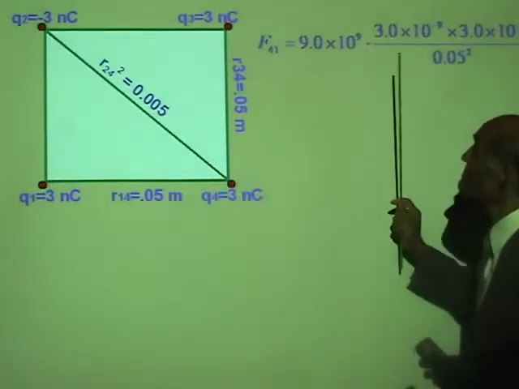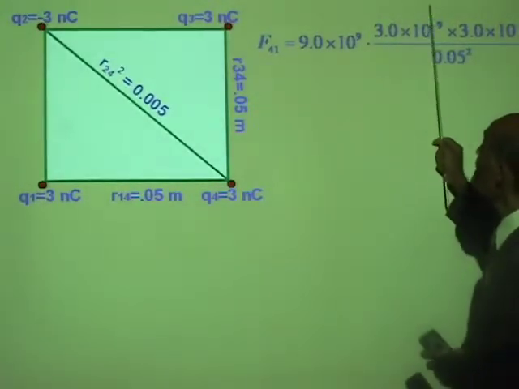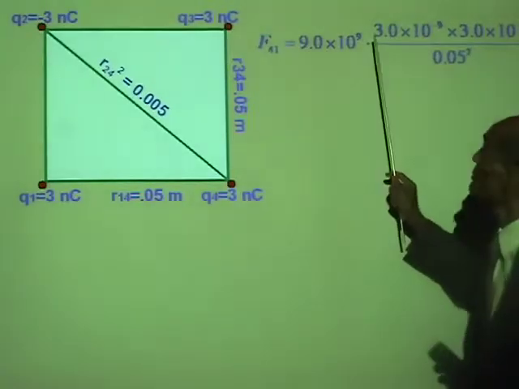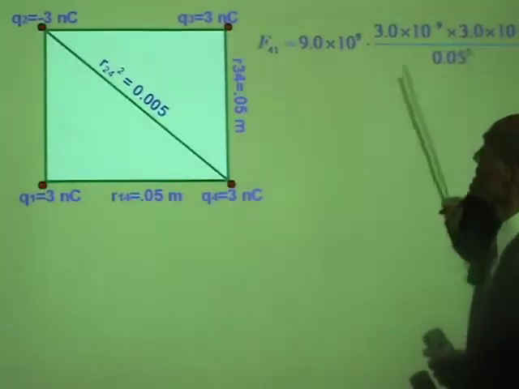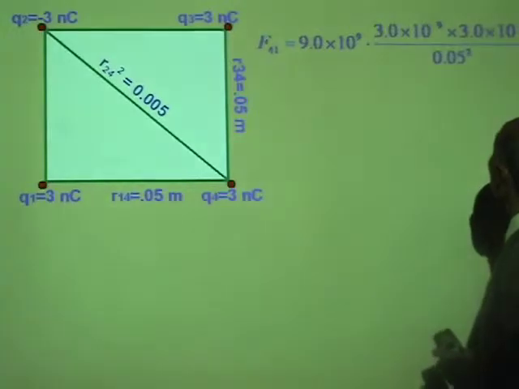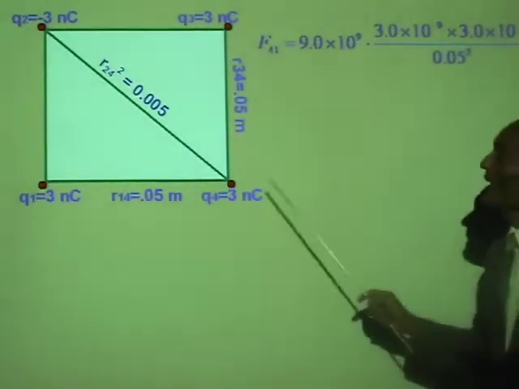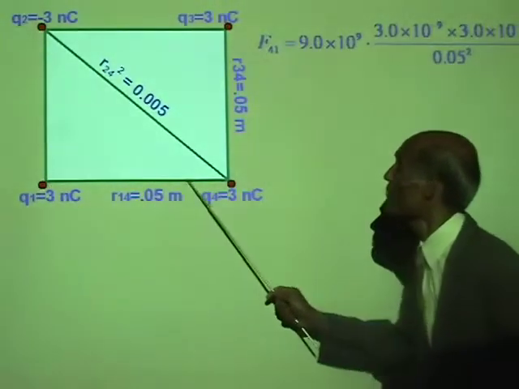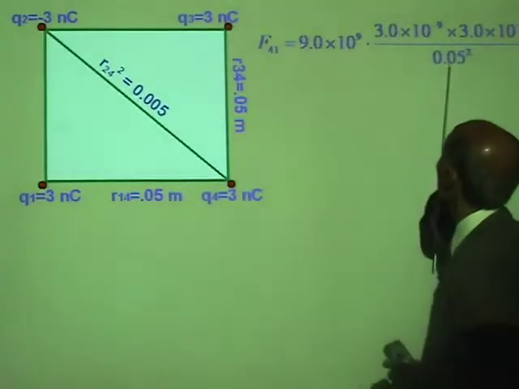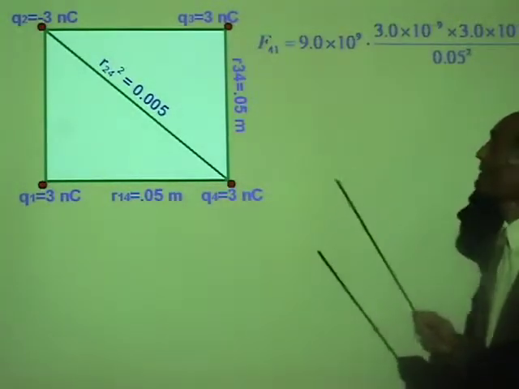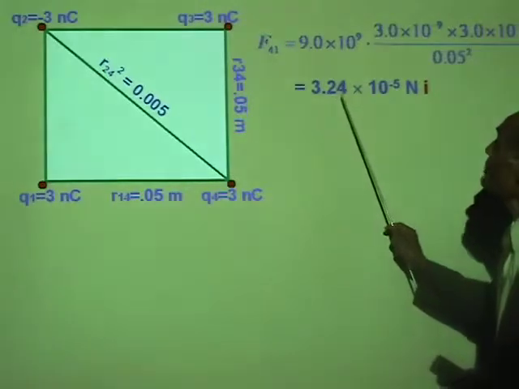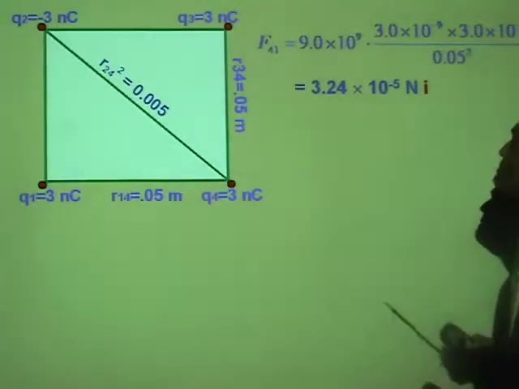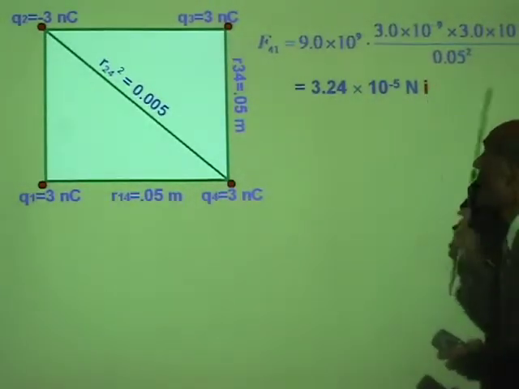K is 9 times 10 to the 9. Q1 is 3 nanocoulomb, 3 times 10 to the negative 9. And Q4 is also 3 nanocoulomb. And R14 is 0.05, and therefore the square of that. And that is 3.24 times 10 to the negative 5 Newton I.